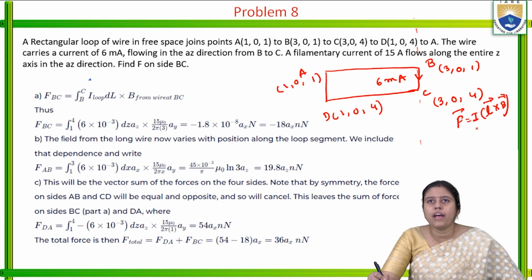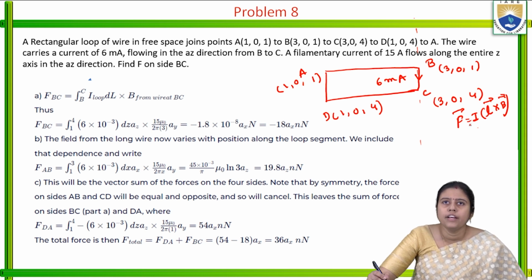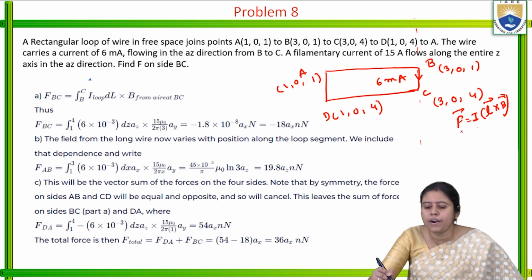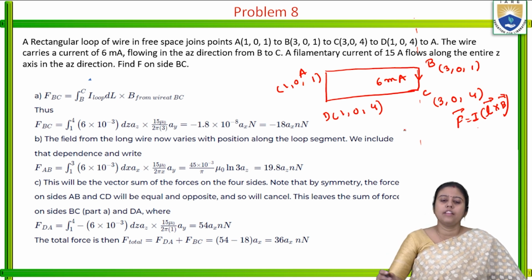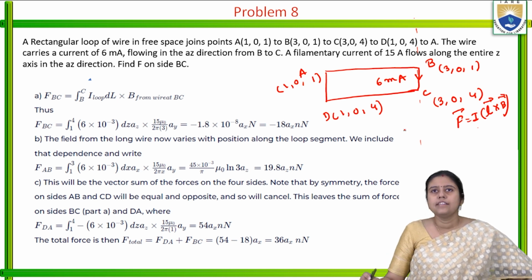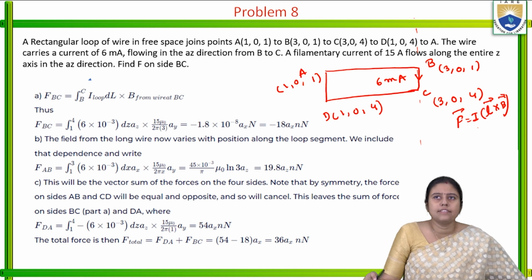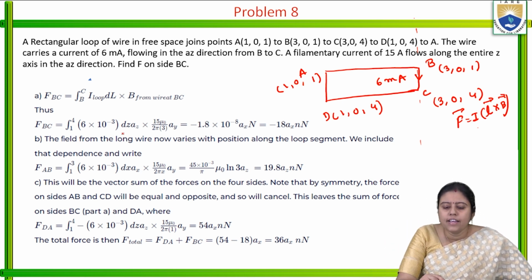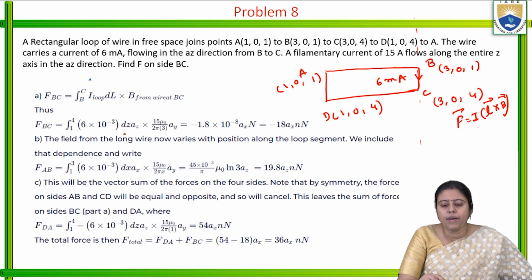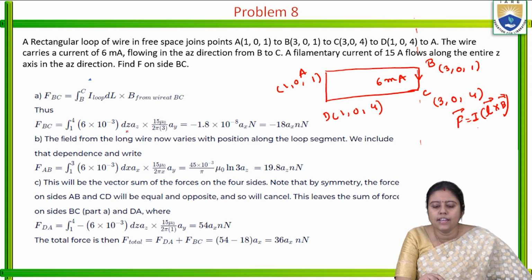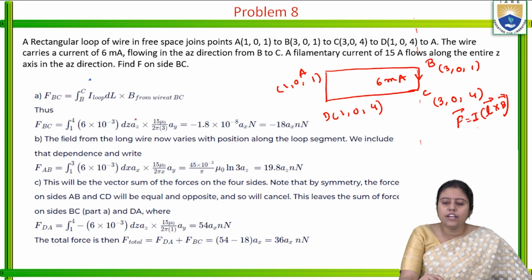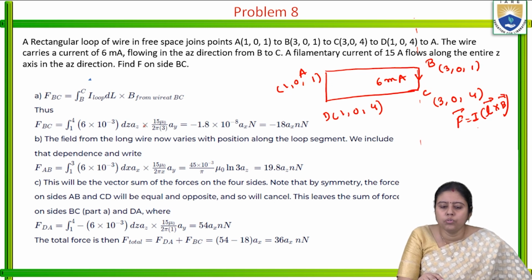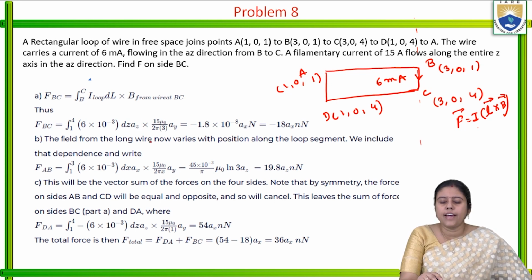So what is the value of I we got? It is 6 into 10 to the power minus 3, the current flowing in the BC direction. What is L? We will take dl as dz az, into the az direction.